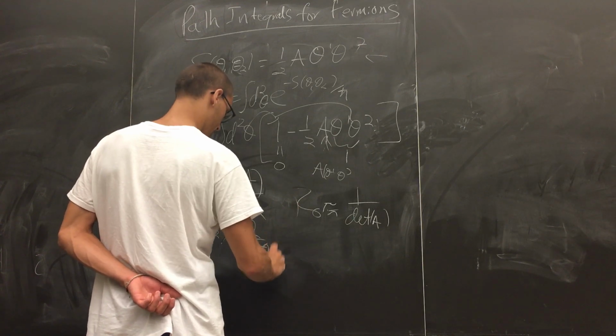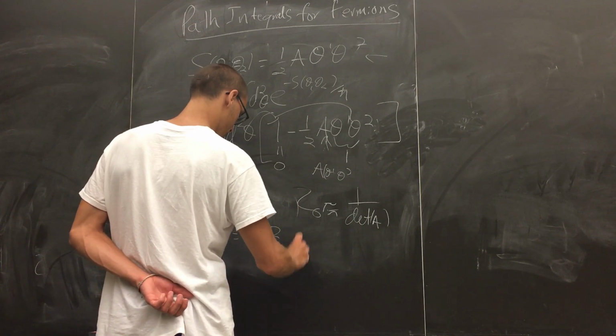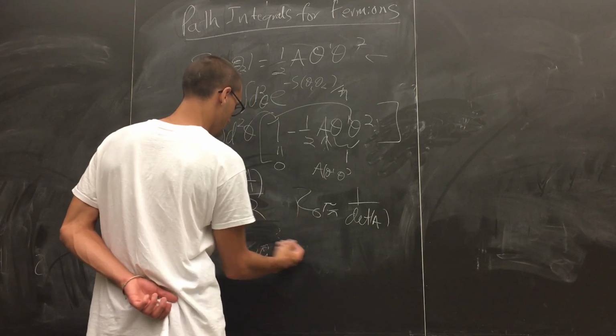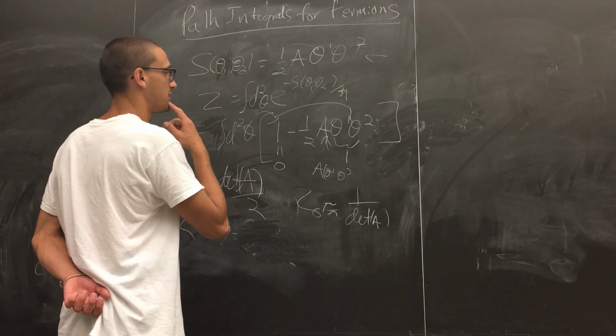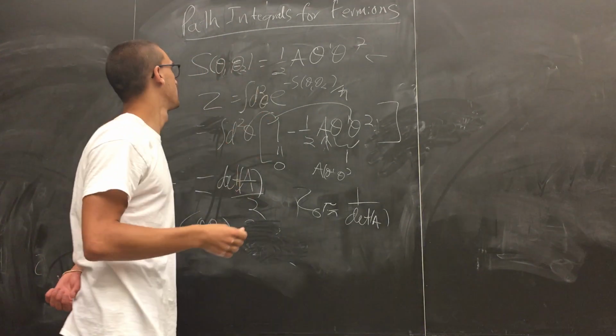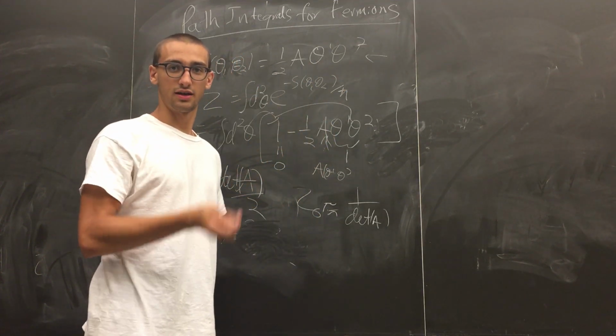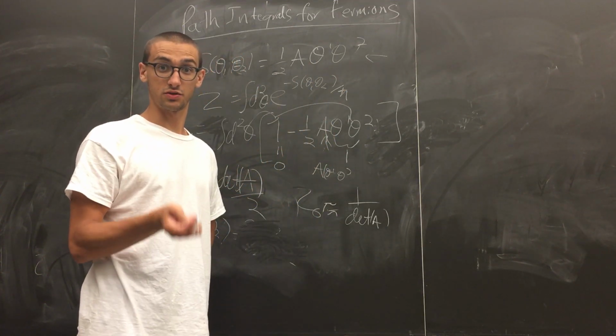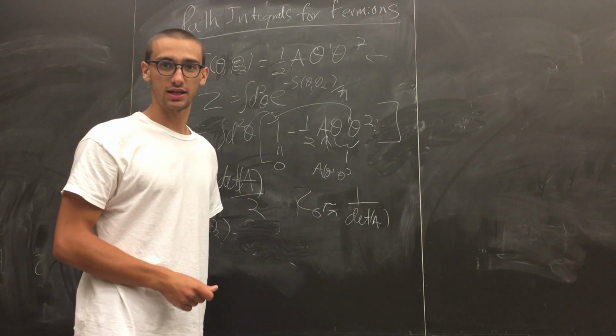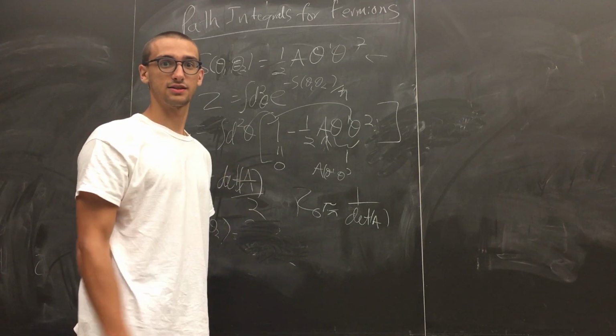Now we have to add a source. So if we add a source to this equation, then we could take the derivatives with respect to the source, set the source equal to 0, and see that the propagator is in fact the same.